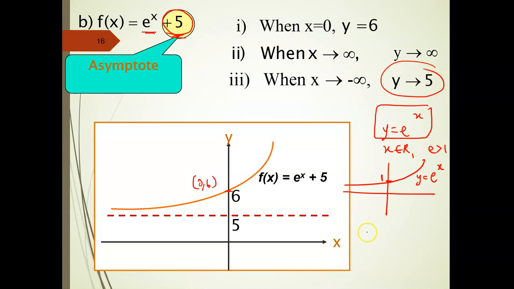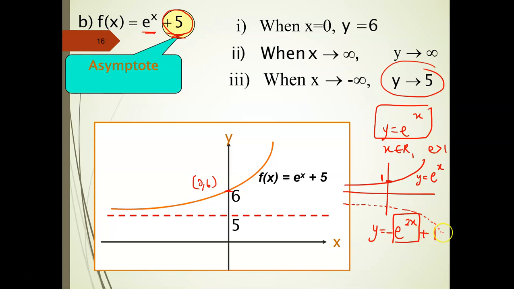The previous example, y equals negative e^(2x) plus 1. So first you consider e^(2x), the graph will be like this as well. Then you multiply with negative 1, then your graph will be going down, it will reflect.